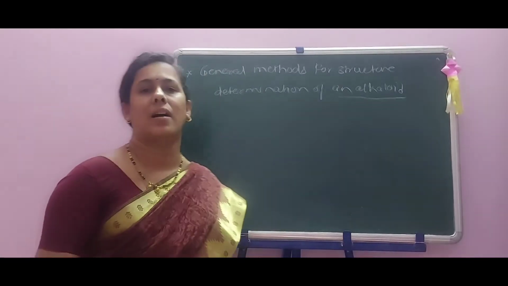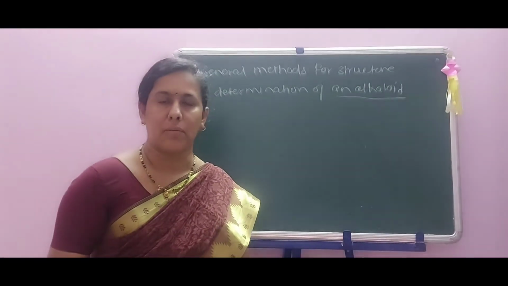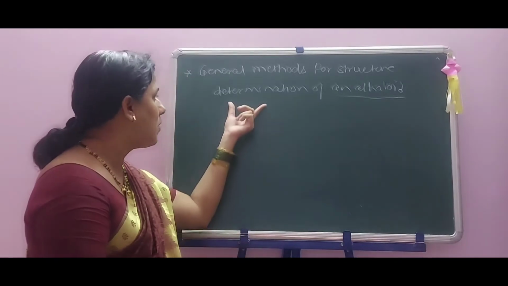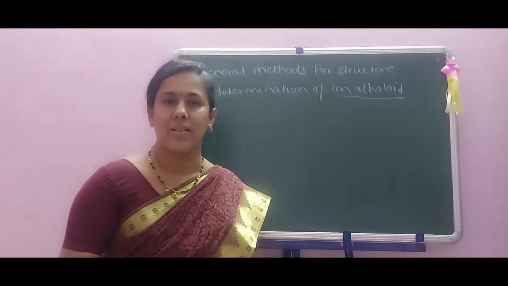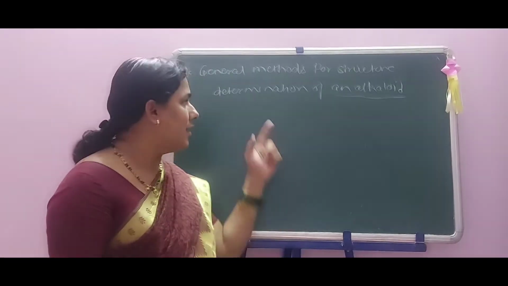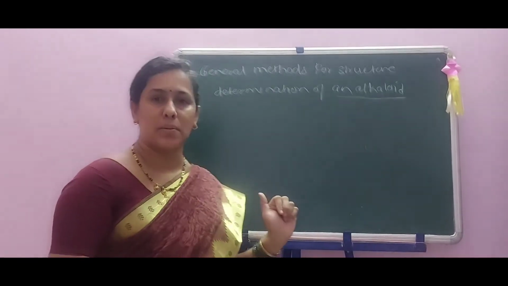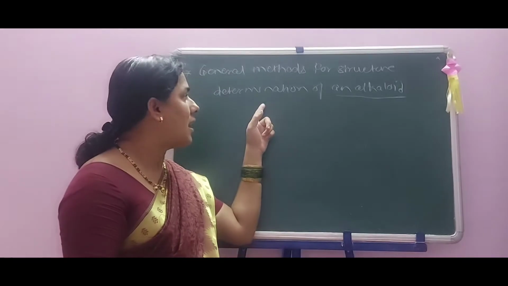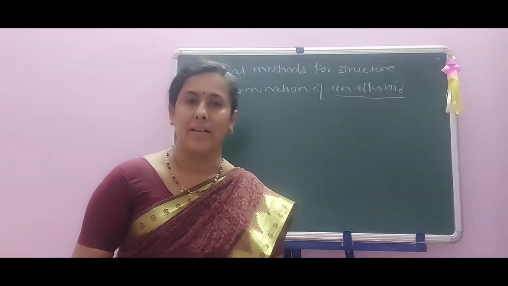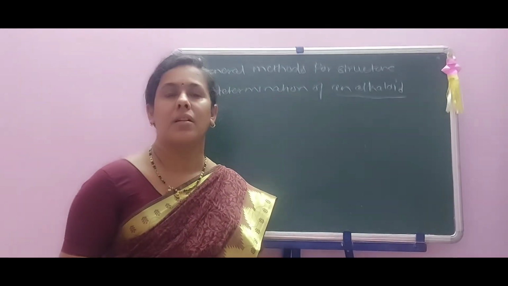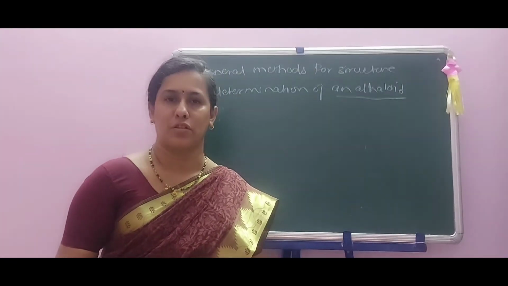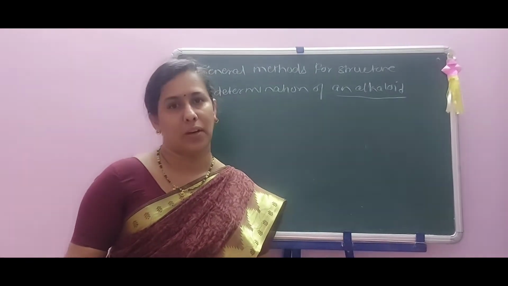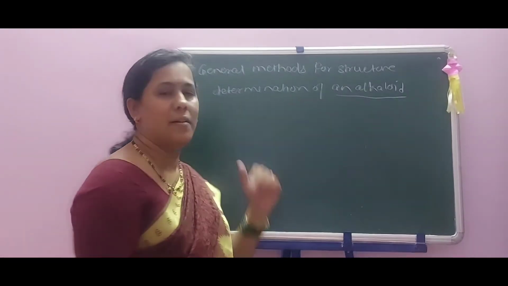These methods are the same as the methods for citral. Whatever the several steps used in alkaloid determination, they are the same as the steps used in the determination of structure of terpenoids. Okay, now let us start here.